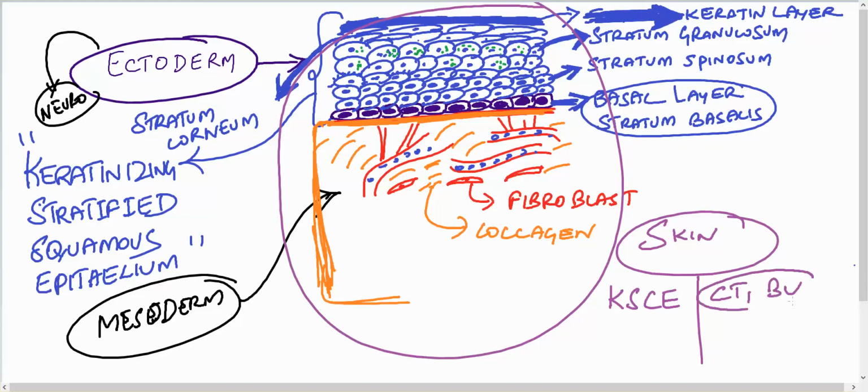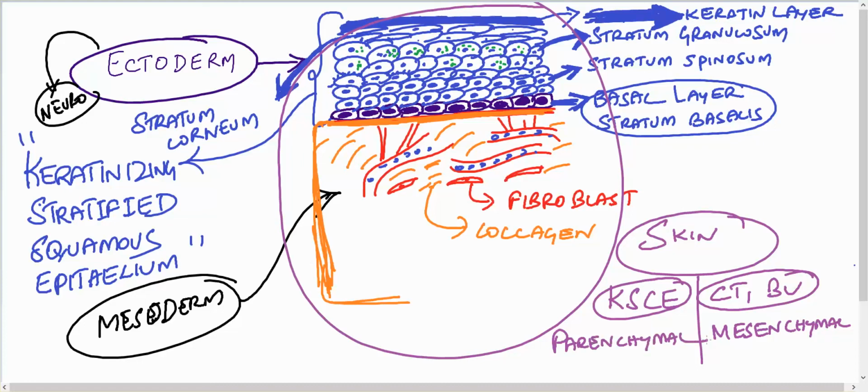The supporting structures are called mesenchymal structures. This main epithelium is called parenchymal.